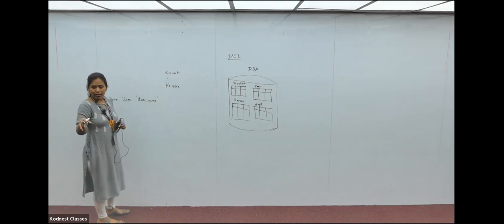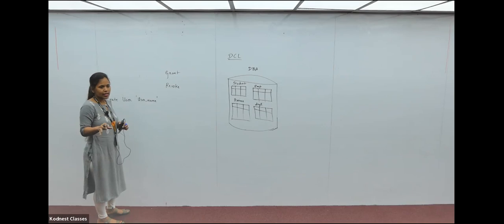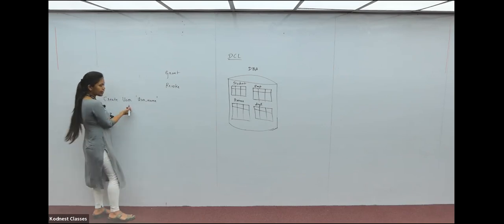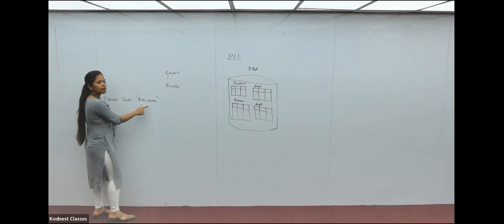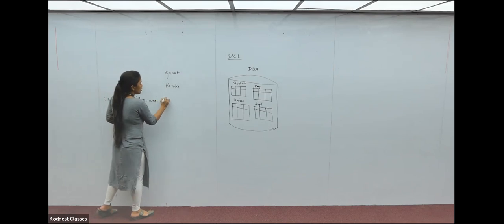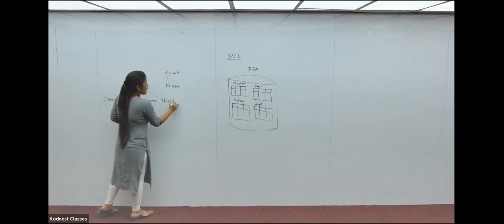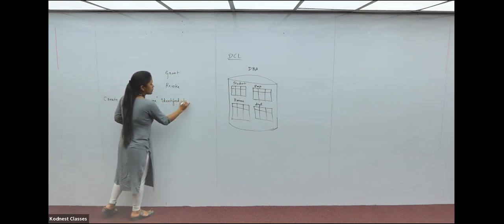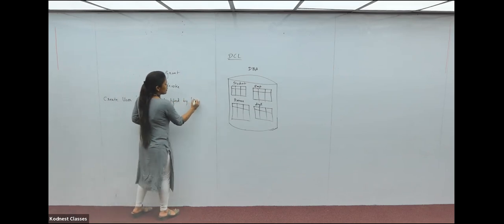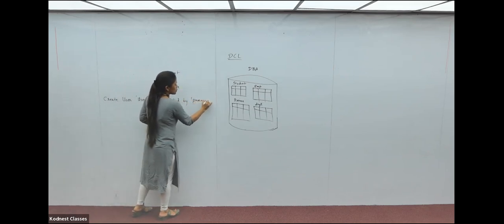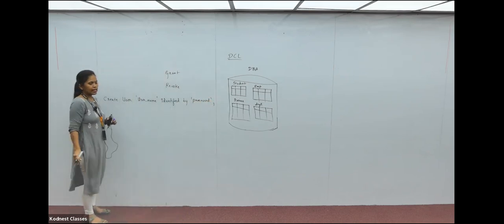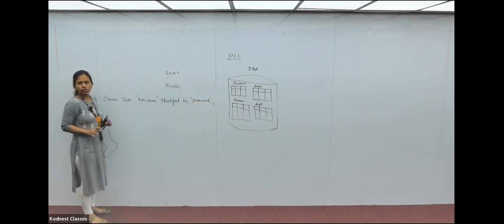When we are logging in, we should also give the password, right? Yes or no? Which means username and password, these are the things required. So how do you create a user: you will tell CREATE USER username IDENTIFIED BY the password. You have to give some password. Like this, you will be able to create a user.